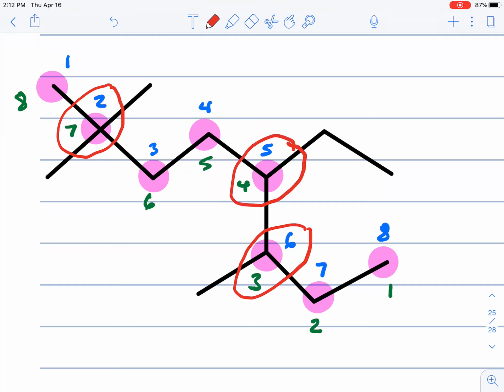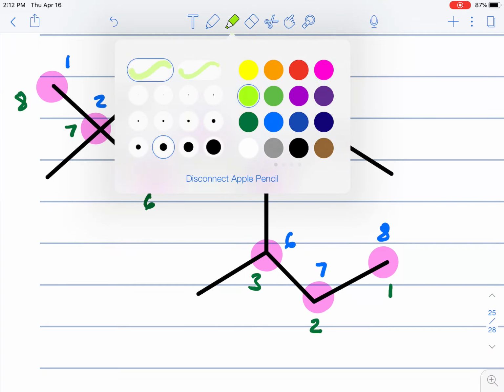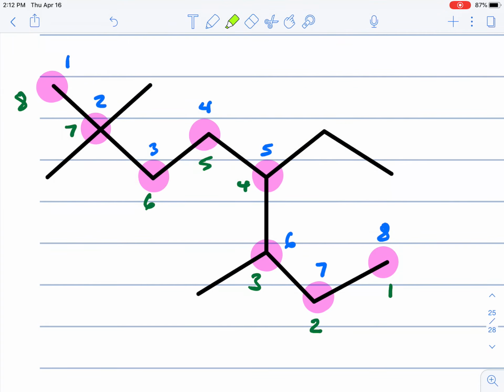Just to clarify before I start circling these things, you might be asking yourself, how do I know what my substituent is? Remember, everything that's not highlighted in pink is going to be our substituent.